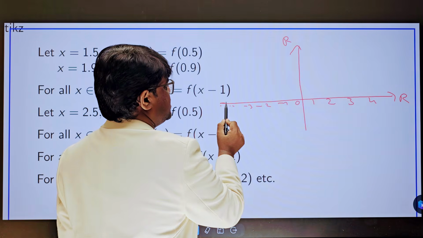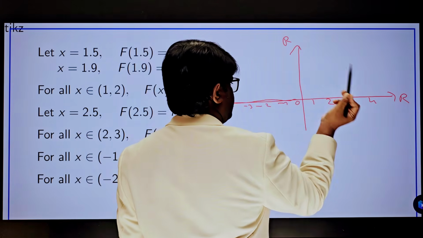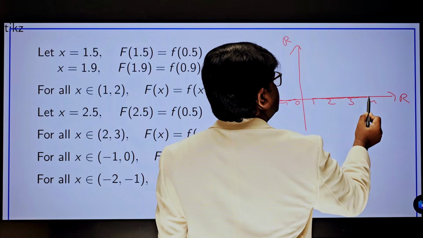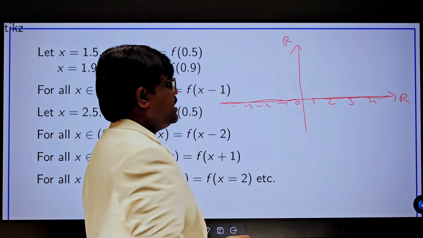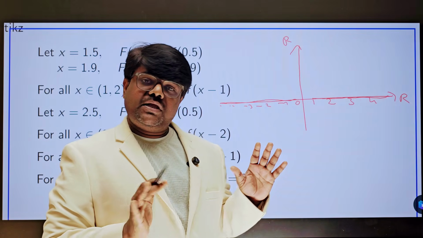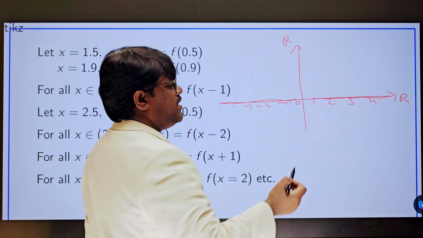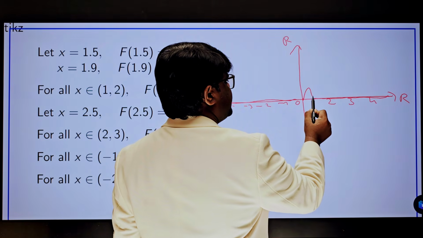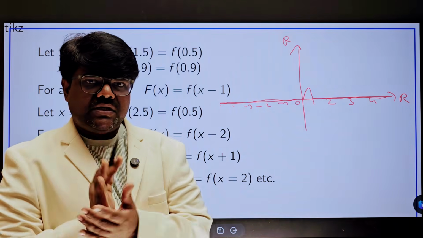At this point the value is 0. Using the condition, at this point also the value is 0. From 0 to 1 we don't know, but we know the function is continuous. Let us assume the graph of this continuous function may be like this.